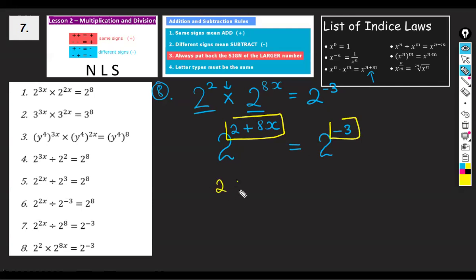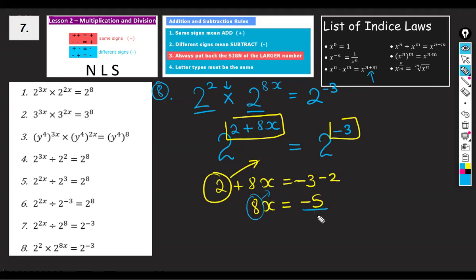So you get 2 plus 8x is equal to minus 3. Throw across the positive 2, you get minus 2. So you get 8x is equal to minus 5, because minus 3 minus 2 is minus 5. The 8 is a multiply, you're going to get what? A divide. So the answer is minus 5 over 8, or minus 5/8.